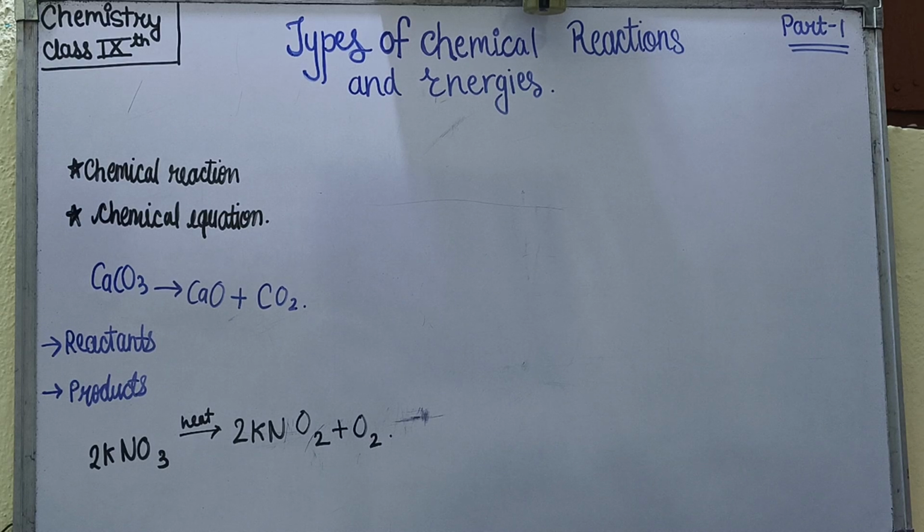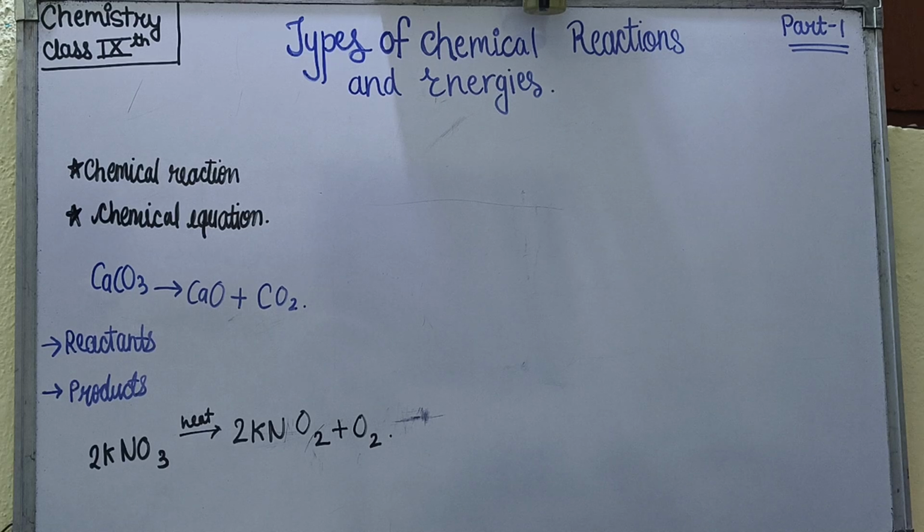Second observation is the number of atoms of each element taking part in the reaction: 2 of potassium, 2 of nitrogen, and 6 of oxygen. Third point is names and the formulae of the reactants and products.